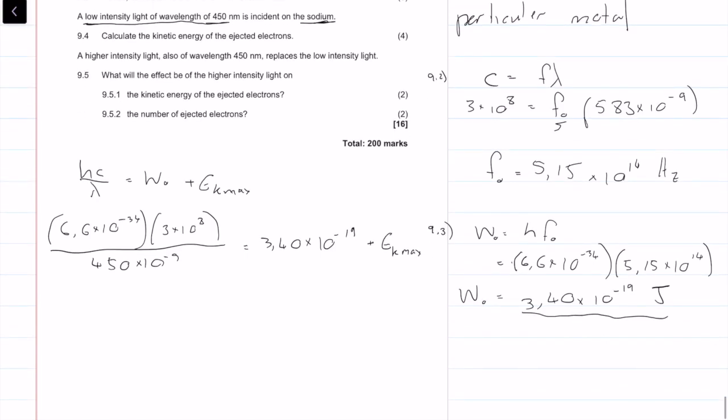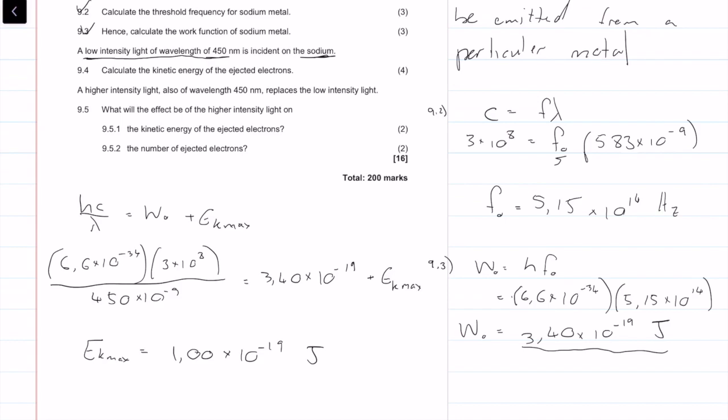And so we can calculate our Ek max. Ek max is equal to 1.00 times 10 to the minus 19 units of joules. Okay, and we get 4 marks for that.